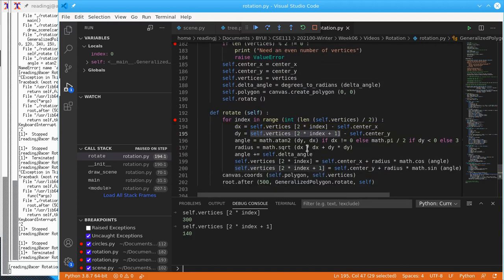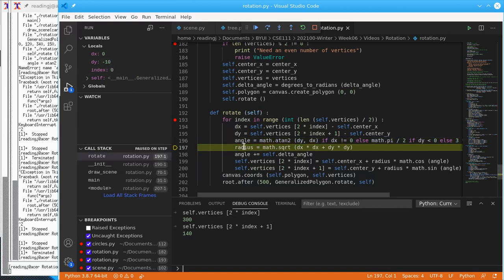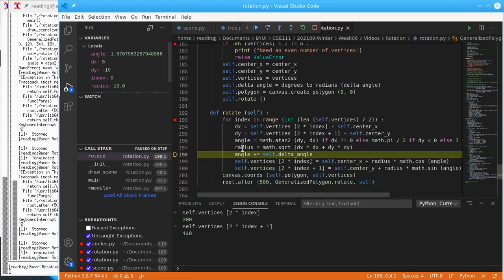Okay. So dx is, I could look for it up here, 0, and dy is negative 10. That's correct. And angle is equal to 1.5. That's pi over 2. So that is what I expected. And the radius should be 10.